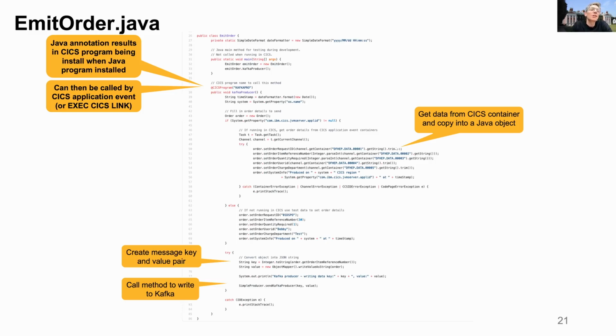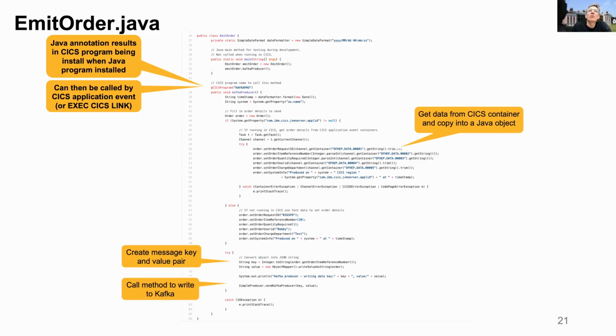And when this Java program is installed, because it's got that annotation, it will automatically produce a program definition. Well, it'll install a program definition. So when the transaction is run, it will end up calling this Java component at this particular method.